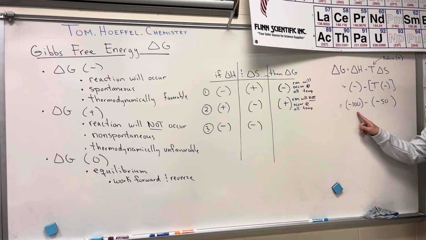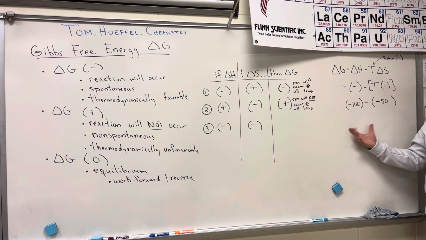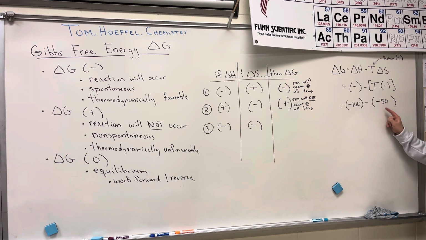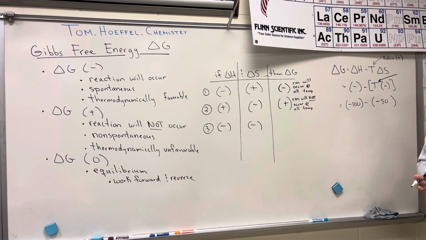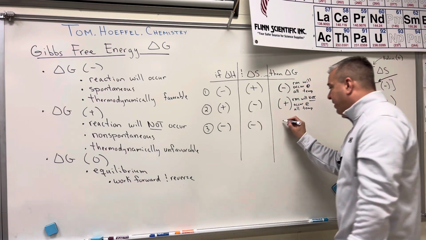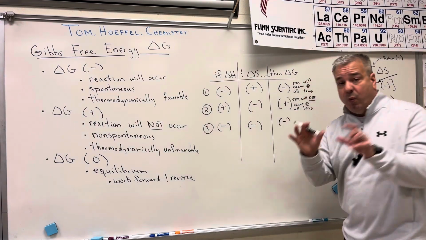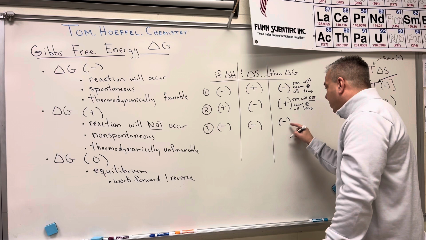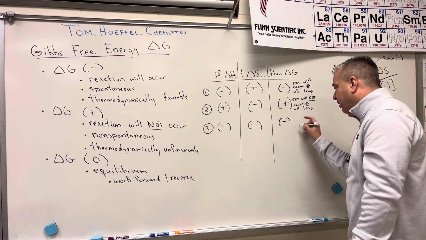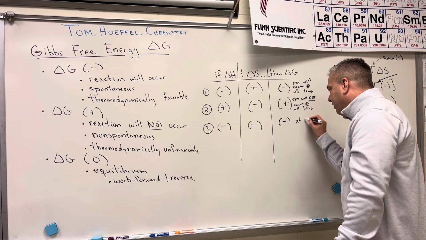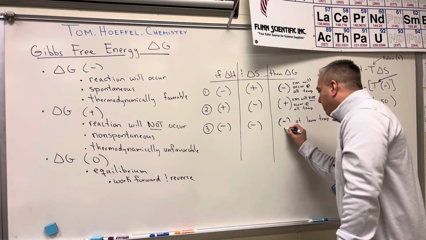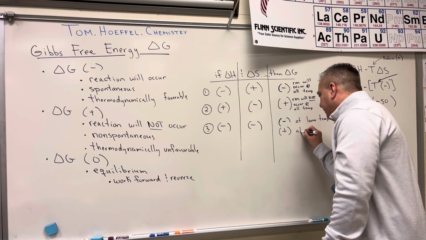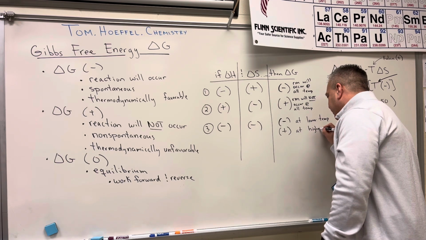Well, negative 100 minus negative 50 would give me a negative number. So as long as this stays small, and it's going to stay small because of the temperature being small, this is going to make a negative when the temperatures are lower. So this means that the reaction will occur at lower temperatures, but it will end up being positive at higher temperatures.